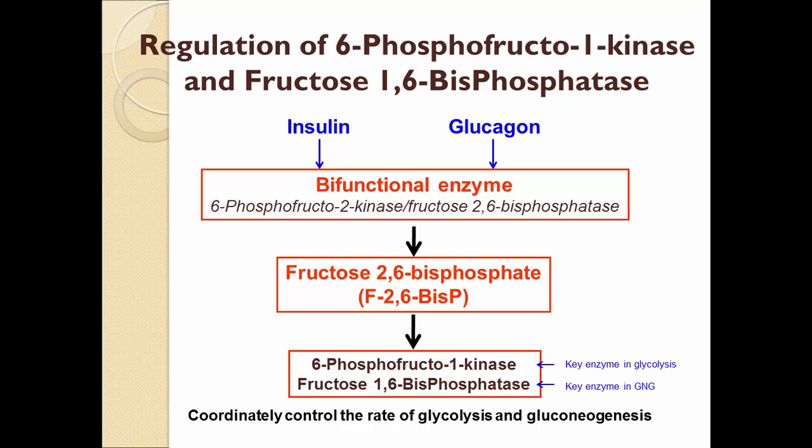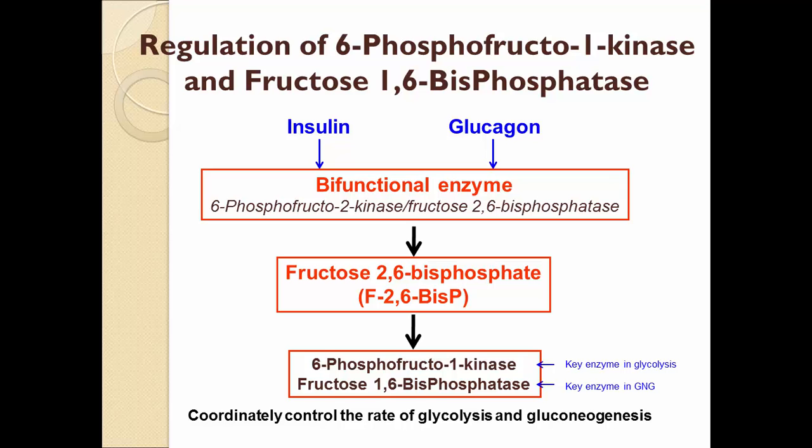But this key substrate directly regulates these two key enzymes in the glycolysis and gluconeogenesis, right? This again is the second pair of key enzymes in glycolysis and gluconeogenesis, right?